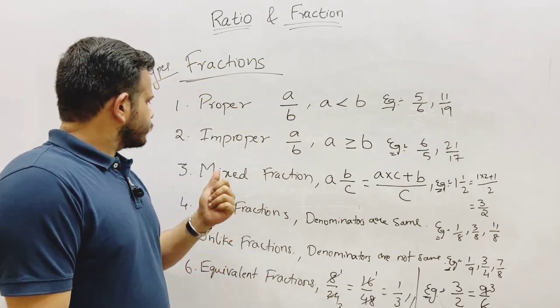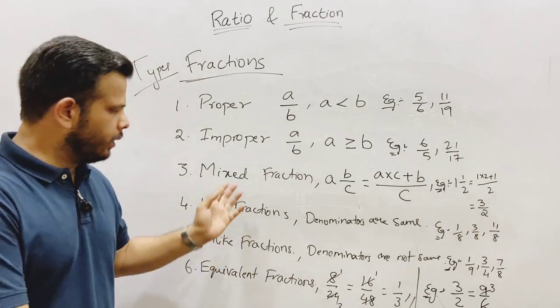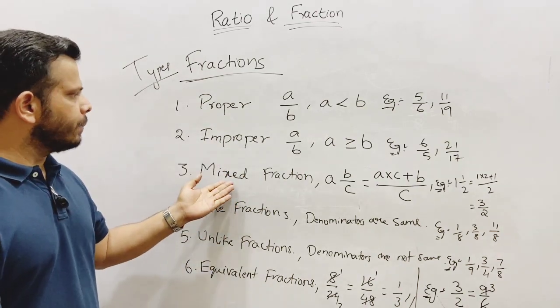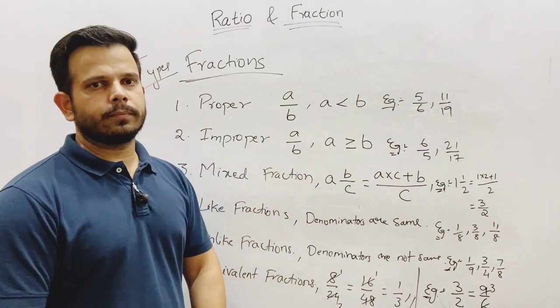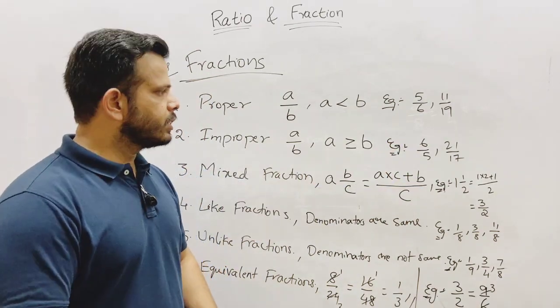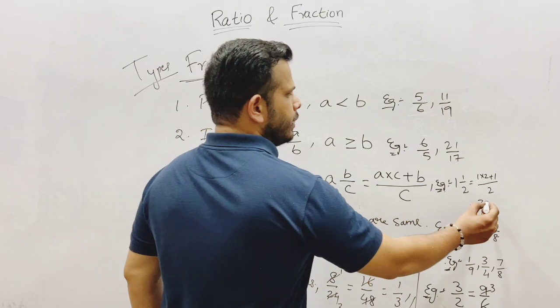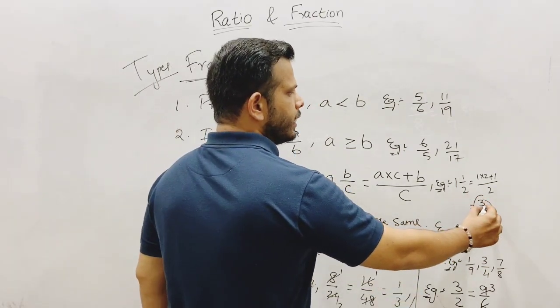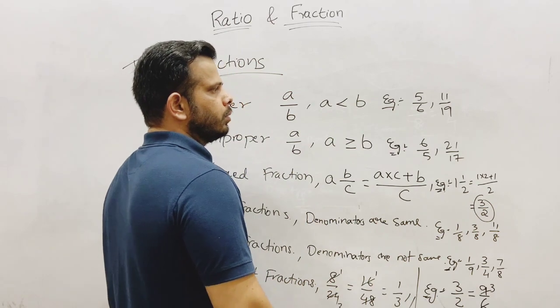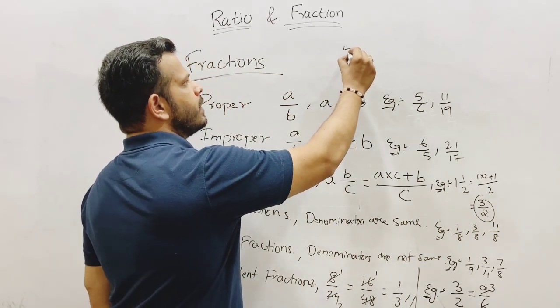Okay. Coming to the mixed fraction, it is always an improper fraction. See, 3 by 2. This is an improper fraction. Always the numerator will be greater than 2. Sir, what about 5 by 5?